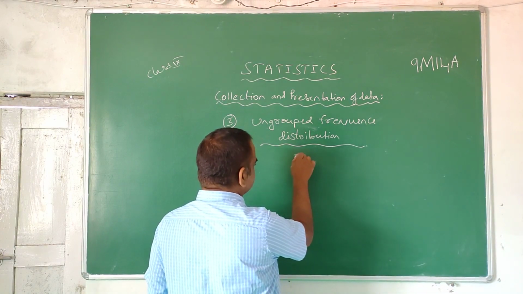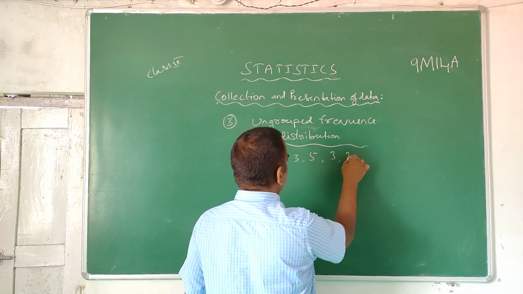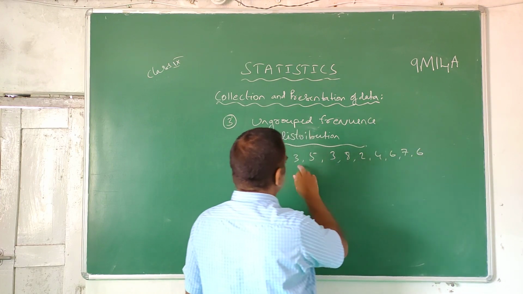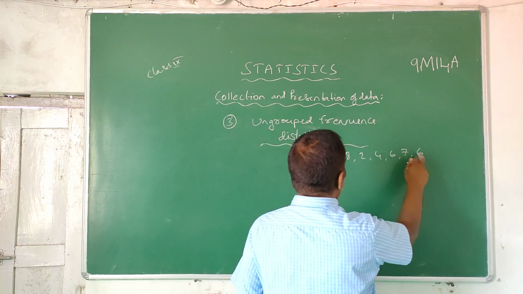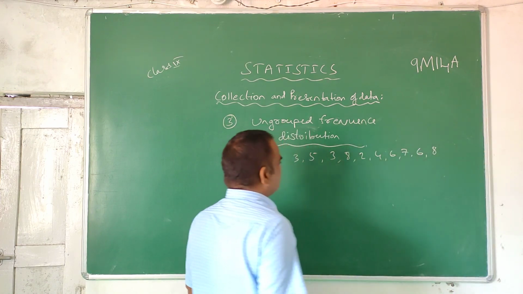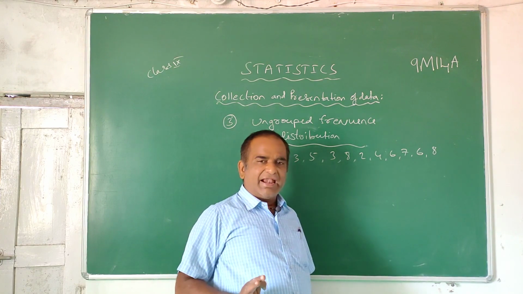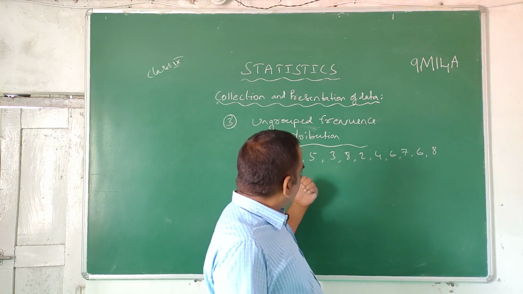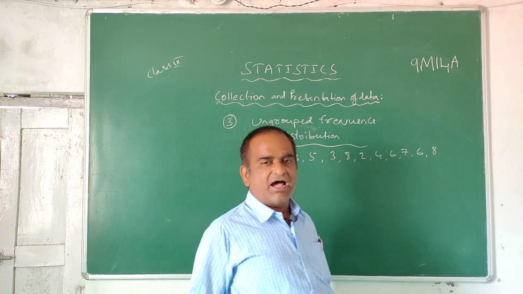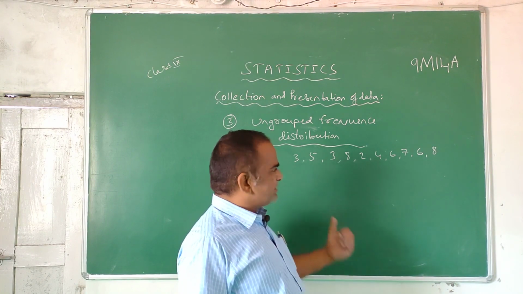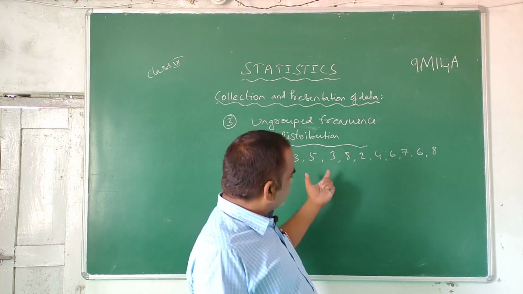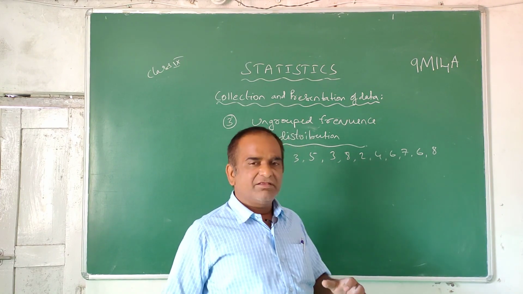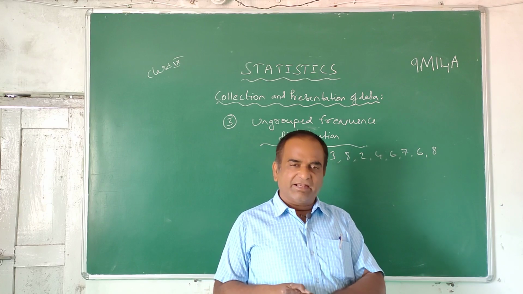For example, 3, 5, 3, 8, 2, 4, 6, 7, 6, 8. Say these are the observations in random order. We are not bothered about order because it is raw data. Actually, this has to be kept in array data, but say this number is large and you are unable to put it in ascending or descending order.